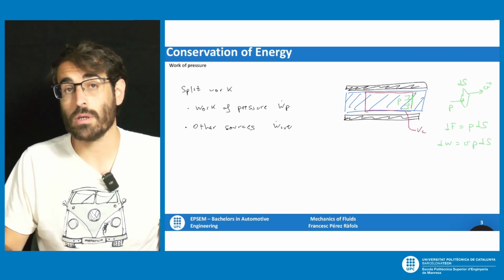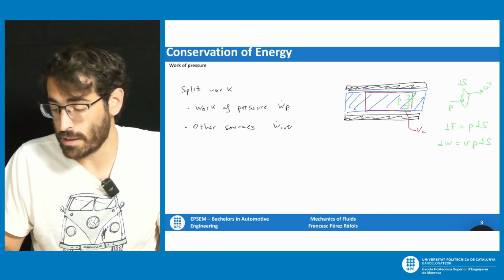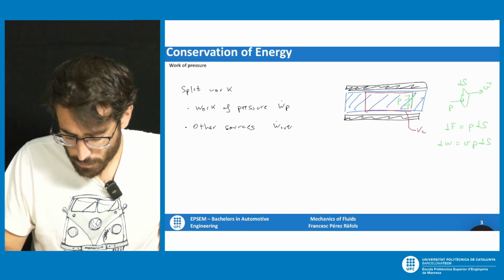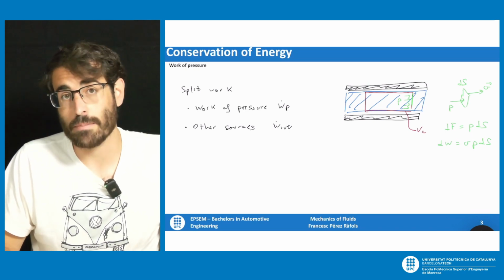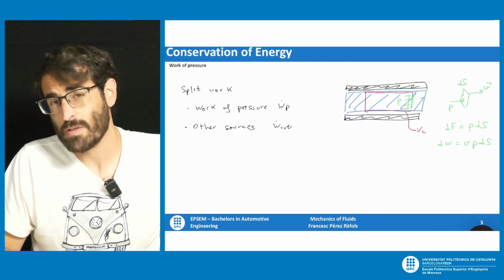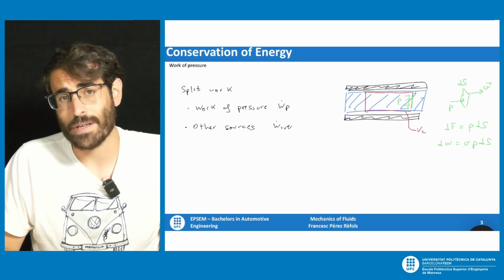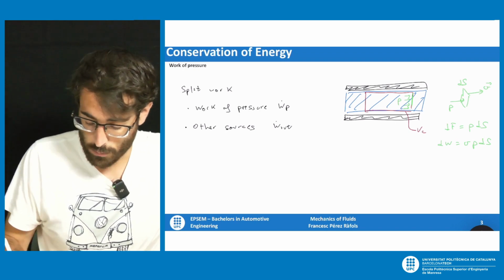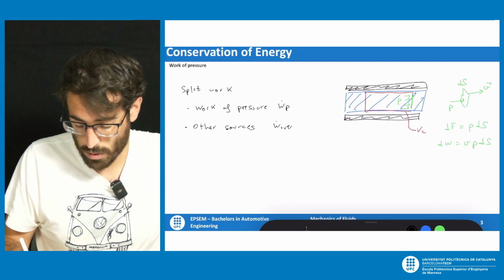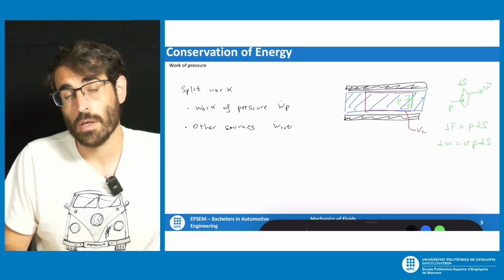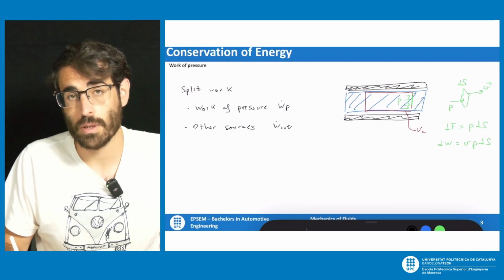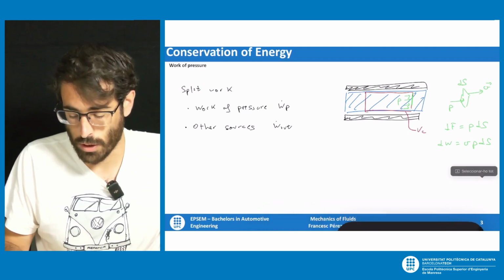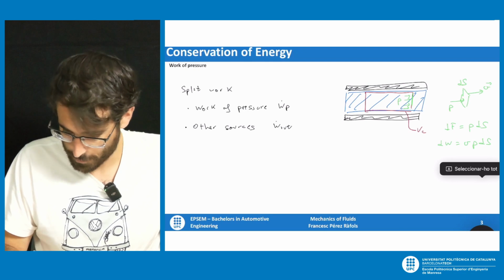Because remember, the work is always, or can be defined as, force times velocity. Here, a small caveat: usually when we say work, remember that we always put the dot, which means that we're talking about the work per unit time, in units of power, not in units of energy.